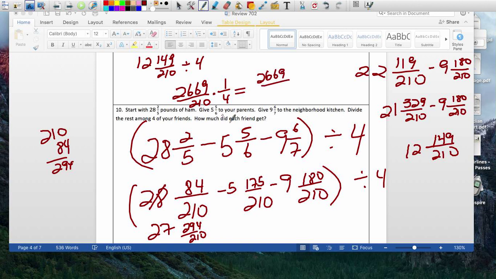Again, 2,669, and 210 times 4 equals 840. Let's see, 840 times 3, will it go? 840 times 3 equals 2,520.